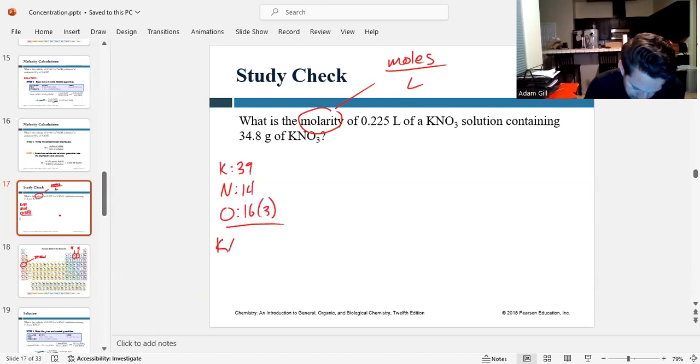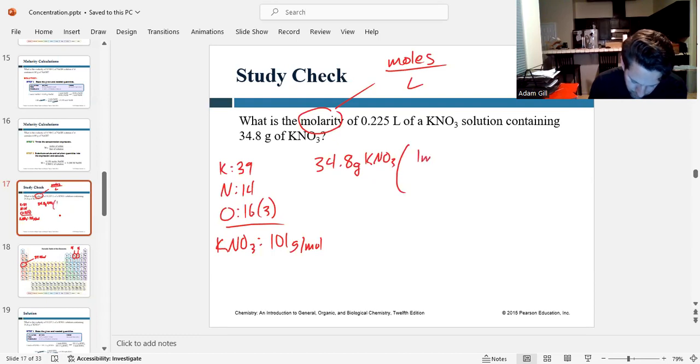And so KNO3 should have a mass of about 101 grams per mole. So let's start with the given value here, 34.8 grams KNO3.